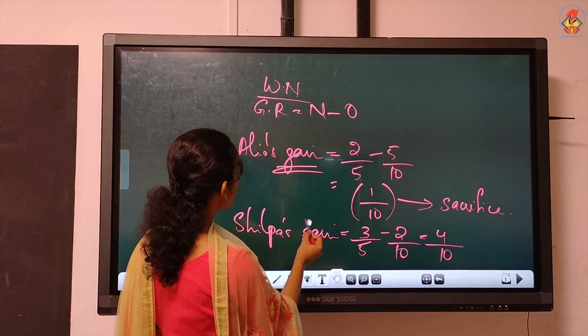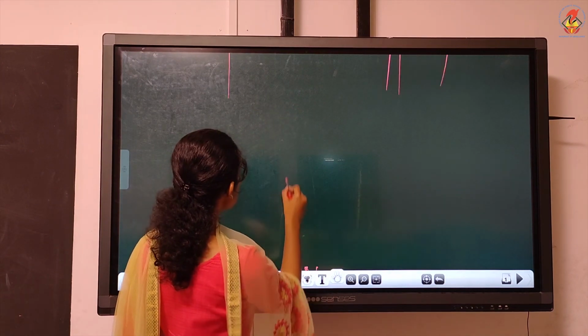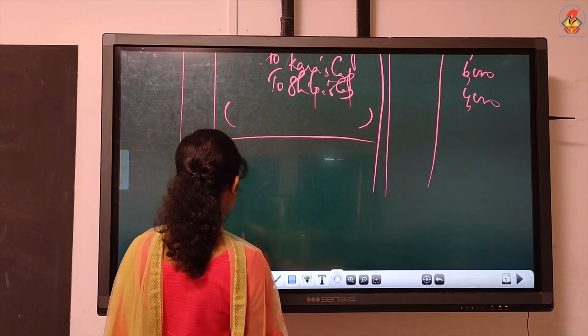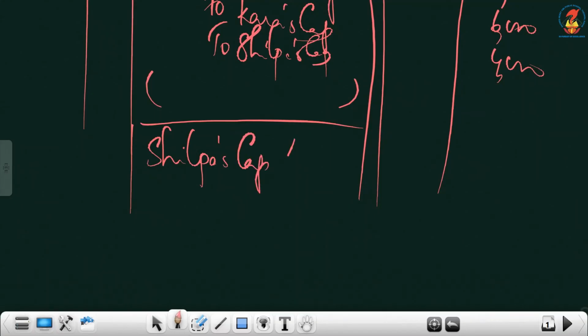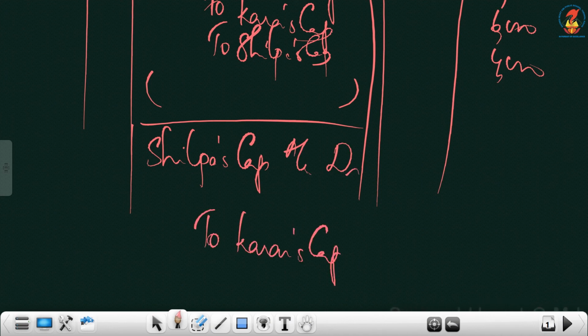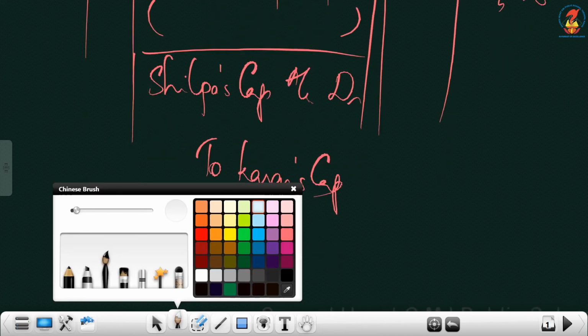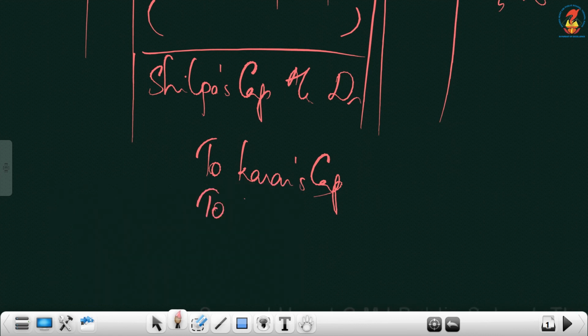So now we'll continue the journal entry. Shilpa's capital account debit, she is the only gaining partner. Shilpa's capital account debit, to. The retiring partner is Karan. To Karan's capital. Since Alia is sacrificing, Alia must be credited. So to Alia's capital.